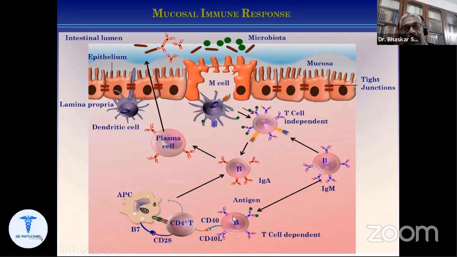And in addition, CD40 helps the IgM switch to IgG1 and also help in producing different antibodies from these activated T cells. So basically, this is what happens in the mucosal system. For example, in the intestine, one example.